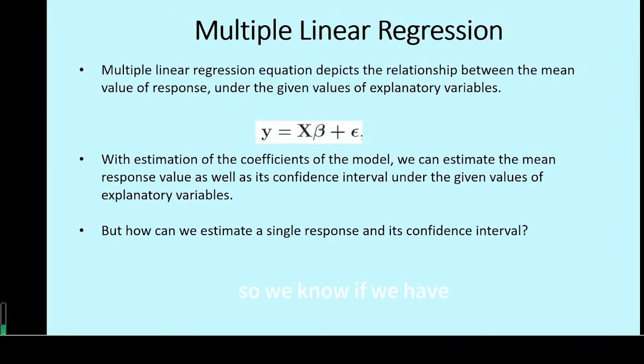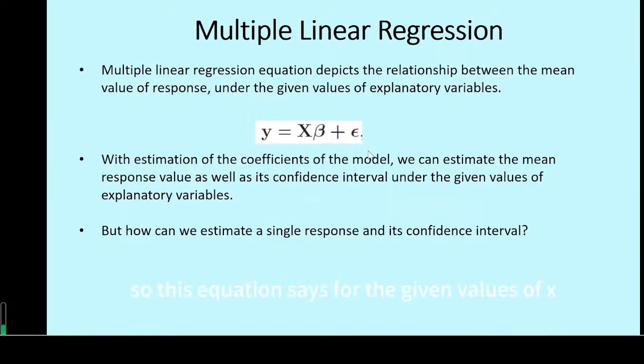In this video, we will talk about confidence interval for a single response in multiple linear regression. So we know if we have established a multiple linear regression model, one of the purposes is to estimate or predict the value of y, or response, given the values of independent variable x. So here we write a matrix form because there are more than 2 independent variables in x. So y equals x beta plus epsilon.